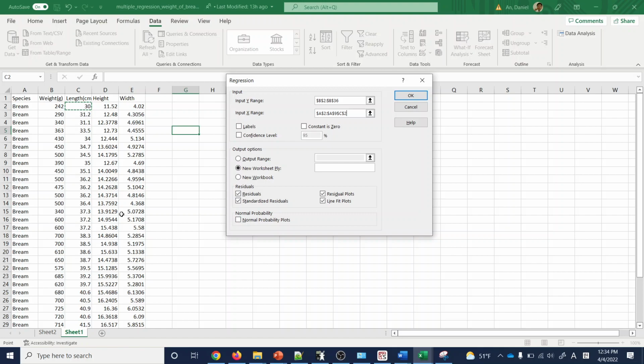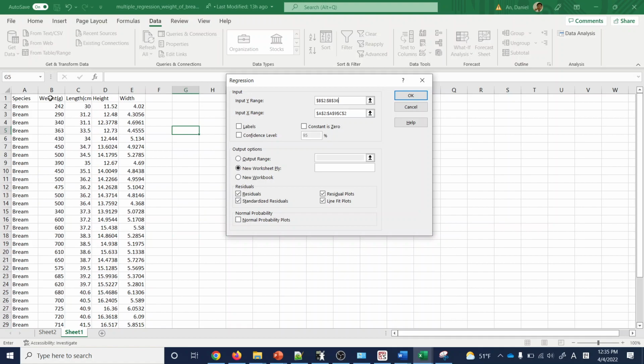If your spreadsheet doesn't have the format where the predictors are right next to each other, then you'll have to copy the spreadsheet to a new sheet and move the columns so that the predictors are right next to each other. Now, I decided I want to click labels so that the labels come out.